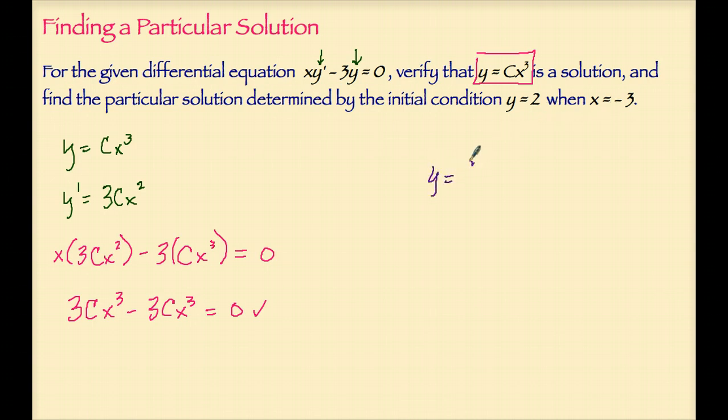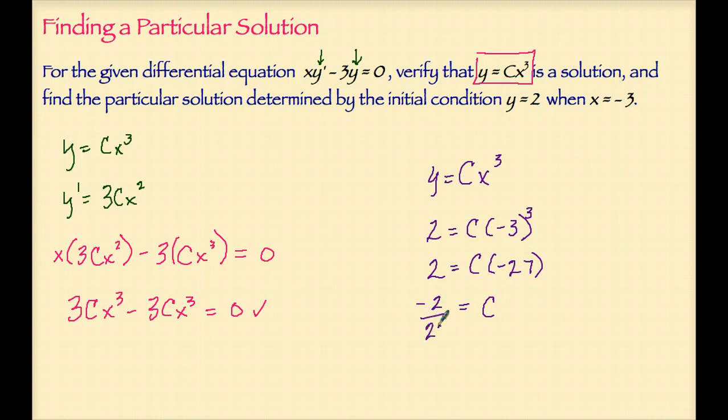Y equals cx cubed, the general solution. Now let's replace y with 2 and let's replace x with -3 to solve for a specific c. This means 2 equals c times -27, and when we divide both sides by -27, we get that c is equal to -2 over 27. Therefore, our particular solution will be y equals -2 over 27 x cubed.